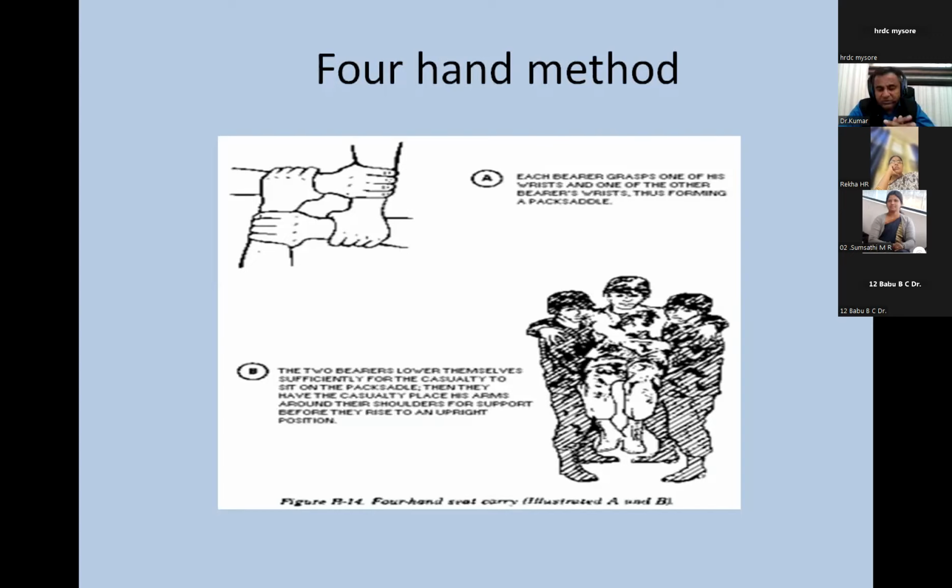The forehand method was most aptly used at that time to shift casualties when no stretcher was there, for a person with injury to the leg, abdomen or chest. Very simple, very easy, very convenient. We just lock our 4 hands, make a human seat, and shift the casualty.